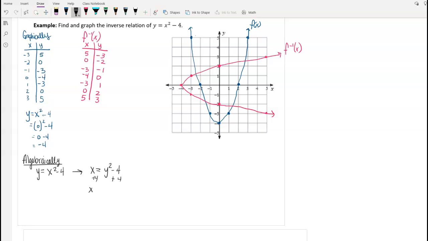Now I have x plus 4 equals y squared. How do I get y by itself if it's being squared? You take the square root. And when you take the square root, you end up getting plus and minus radical x plus 4. That's going to give you your f inverse. So here is your f of x, and here is your f inverse of x.